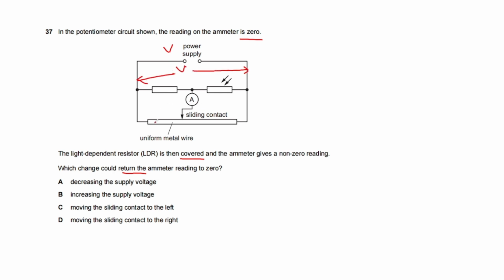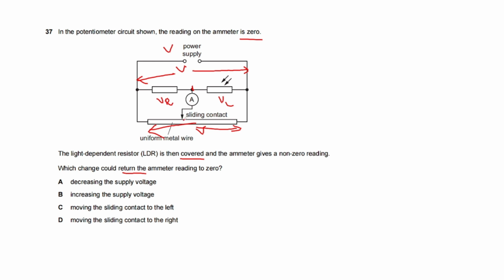Here is a fixed resistor, so the voltage across the fixed resistor added to the voltage across the LDR equals the total voltage V, right?